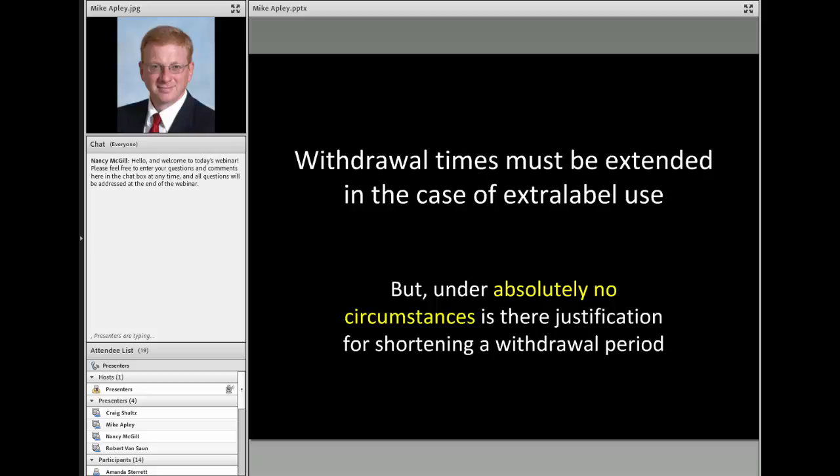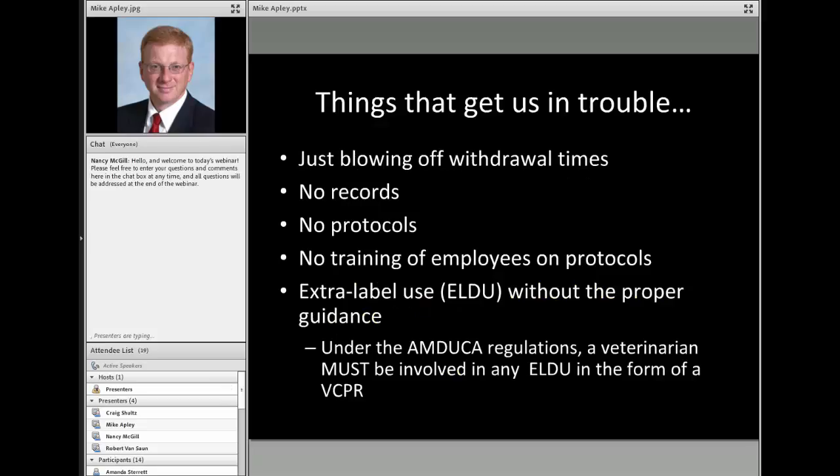So we have to extend withdrawal times in the case of extra label use. As Dr. Schultz pointed out, sometimes your veterinarian may consider it necessary to extend the withdrawal time even with label use when you have a very debilitated animal or one with some significant variations in how their body's working. But under absolutely no circumstances can we justify shortening the withdrawal period, only lengthening the withdrawal period.